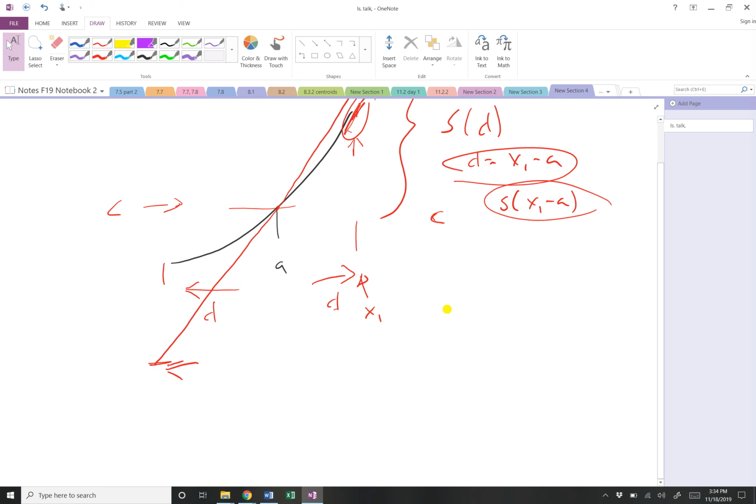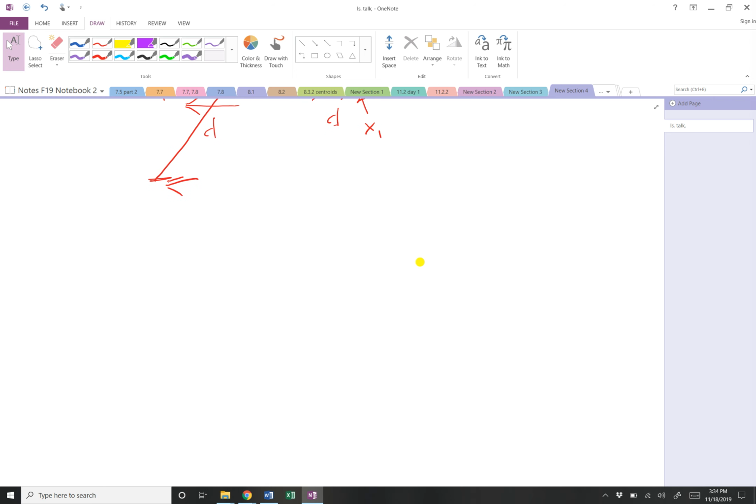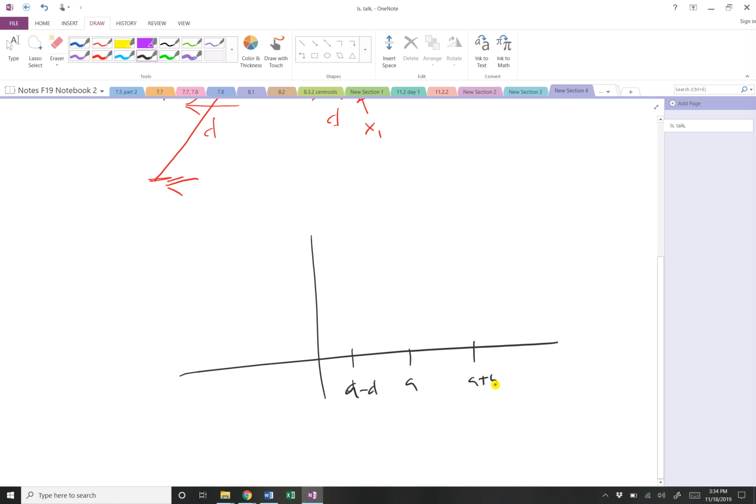But you can actually do the same thing if you're approximating it with a line. So here's A again. Here we're over D, so this is A minus D, and this is A plus D. We could call this x1, and we could call this x naught.